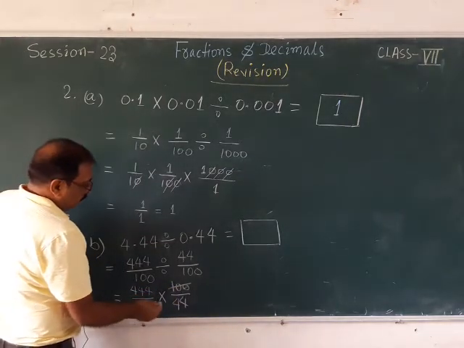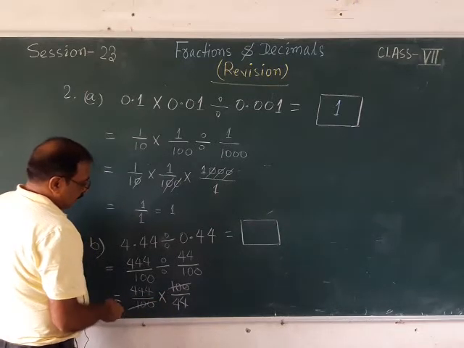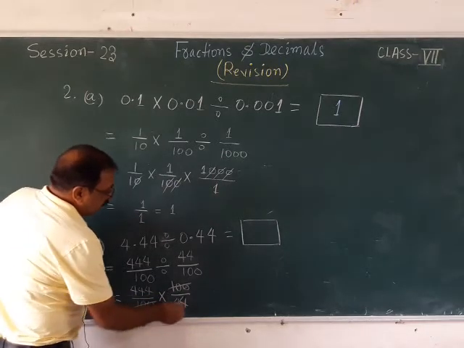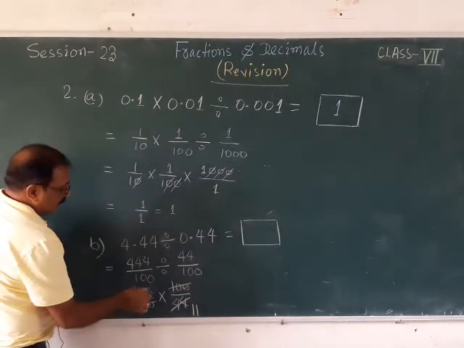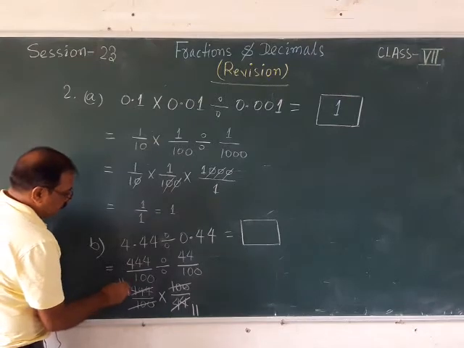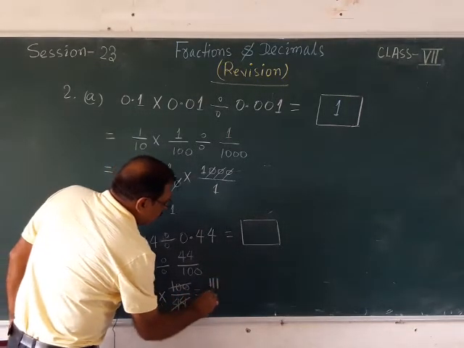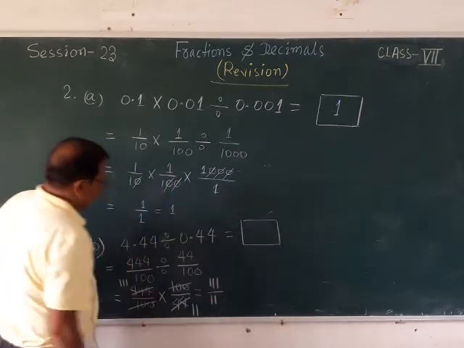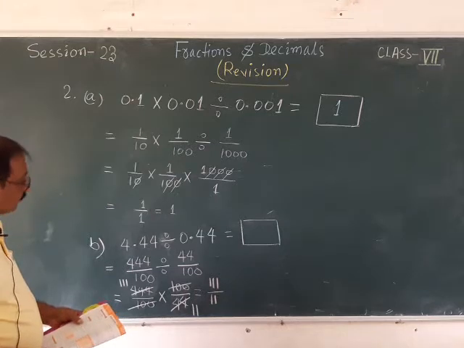Now which number can cancel here? 2 can cancel it, or 4 can also cancel. So 4 can cancel 444 and here 4 can cancel 44. That means the number will be 111 upon 11.